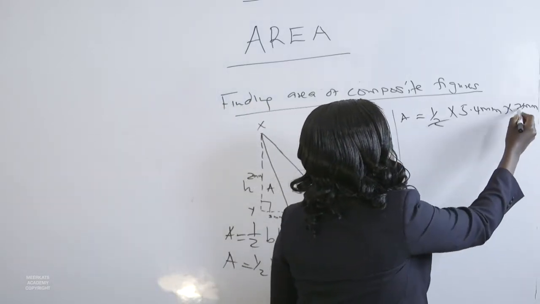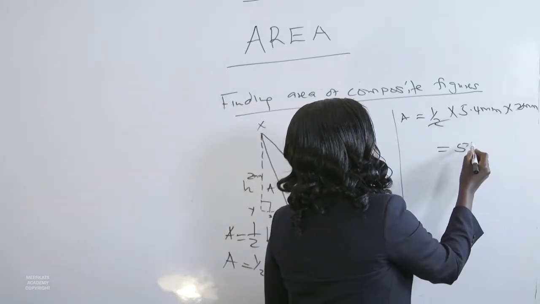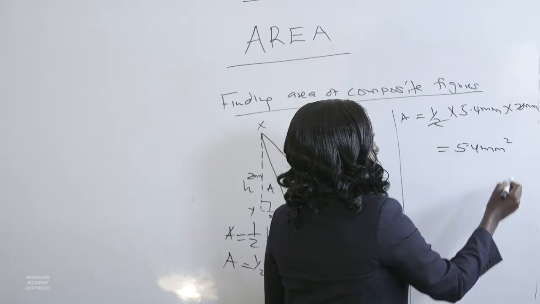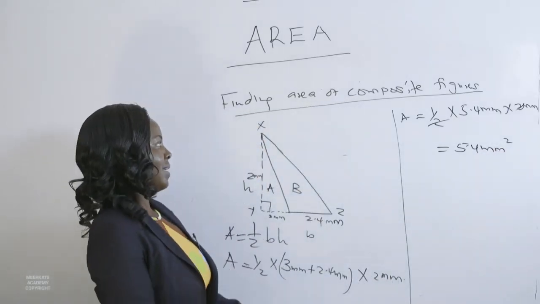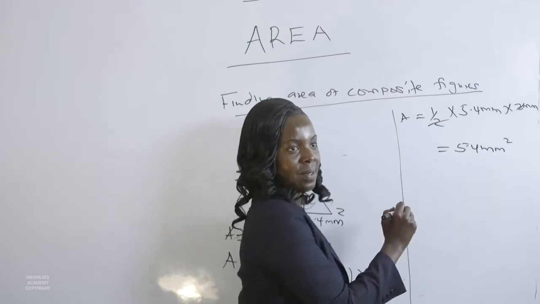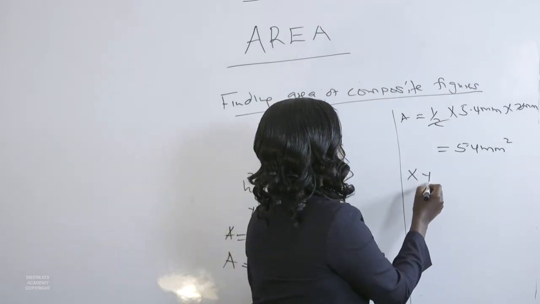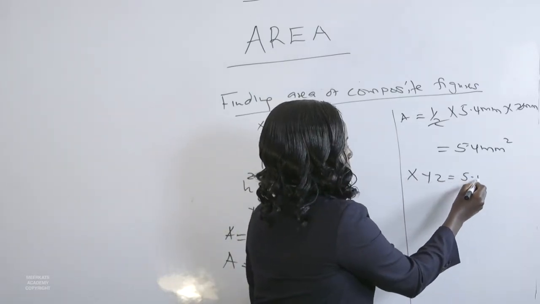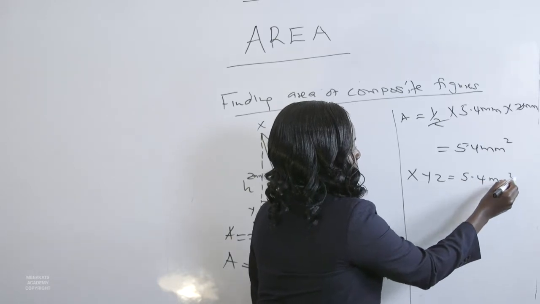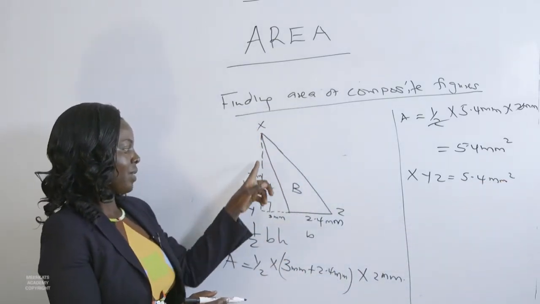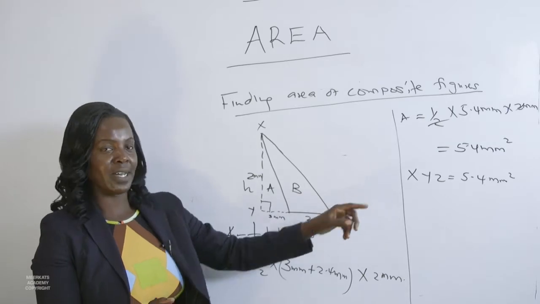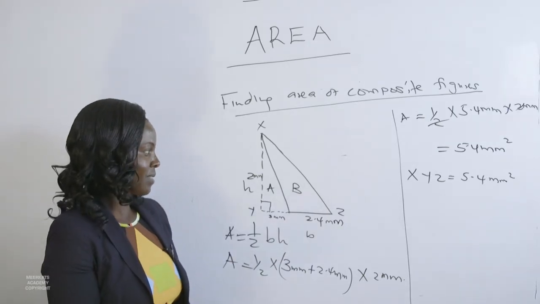So 2 and 2 cancels. We get the area of this larger triangle XYZ to be 5.4 millimeters square.